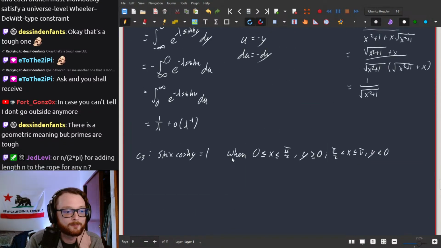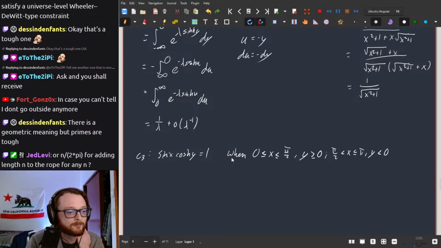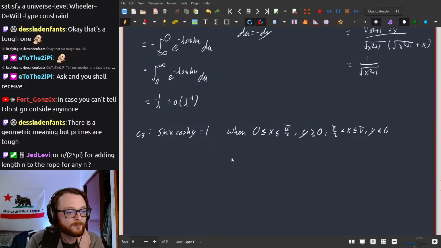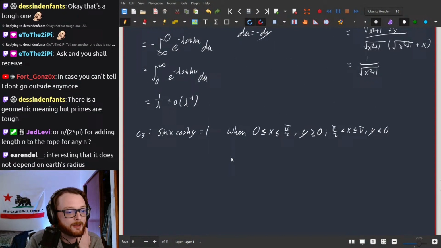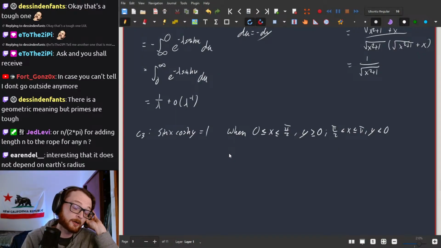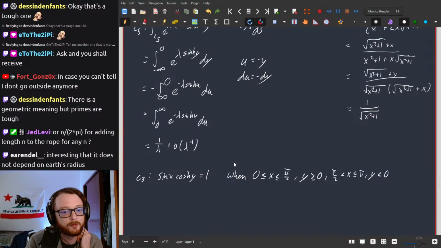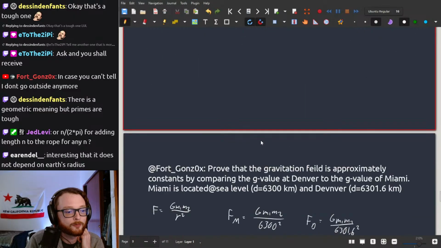Okay. Adding, yeah, I think I agree with that. And yeah, I guess it doesn't have to be an integer. It could be a decimal too, and I think the formula still works. It does not depend on the Earth's radius.